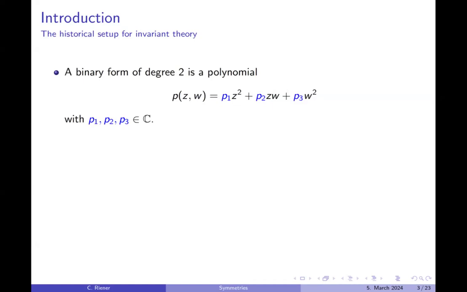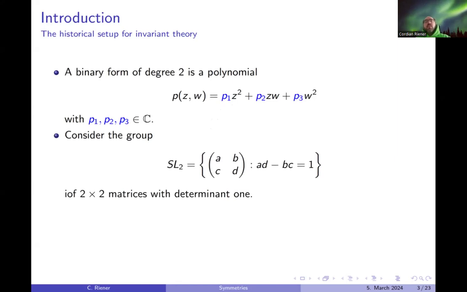So it's a polynomial P in the variables Z and W, which is given by three coefficients, P1, P2, P3. You can write it as P1 Z squared plus P2 ZW plus P3 W squared. Whenever I give you three complex numbers P1, P2, P3, you can build such a polynomial.